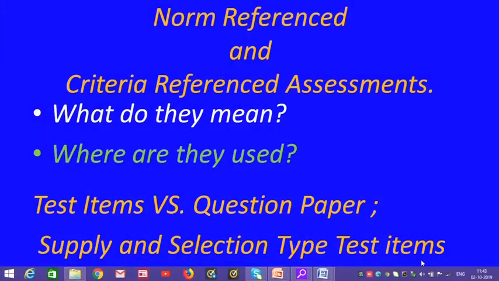Whereas selection type test items, as the name suggests, involve tick marking, choosing from a test item. So, a multiple choice question is a selection type test item, whereas solving a problem is a supply type test item. There really ought to be a balance of supply type and selection type test items in a paper.